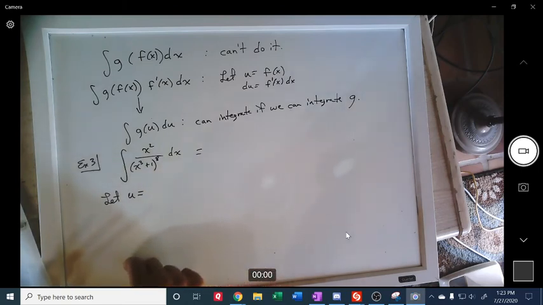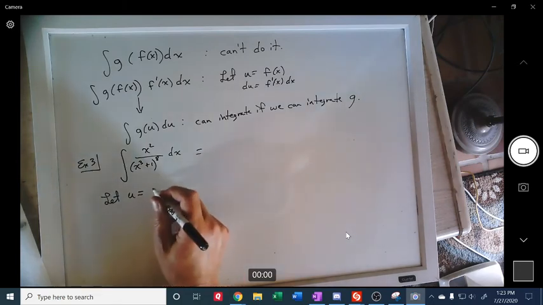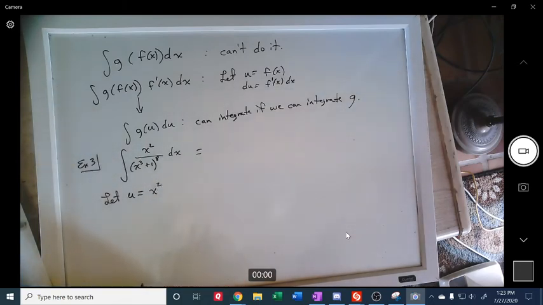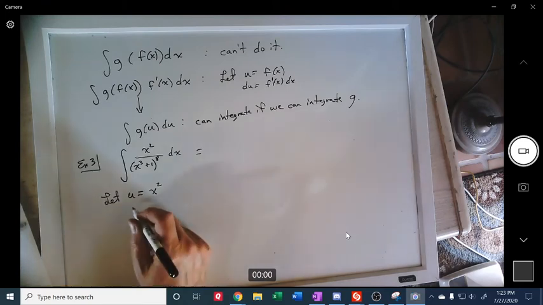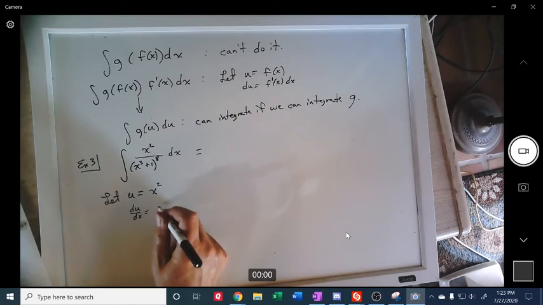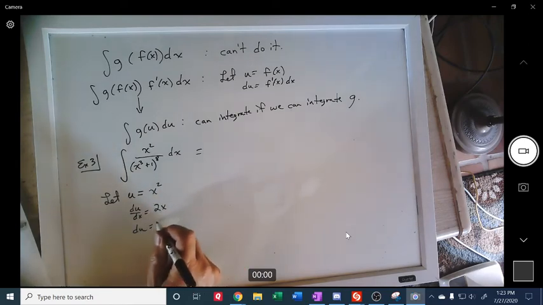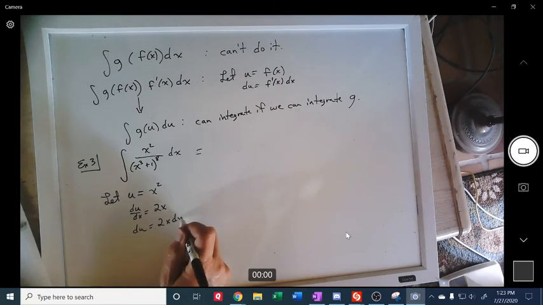And let's try it for just the top thing for just a second. Let u equal this. du dx would be 2x. du equals 2x dx.